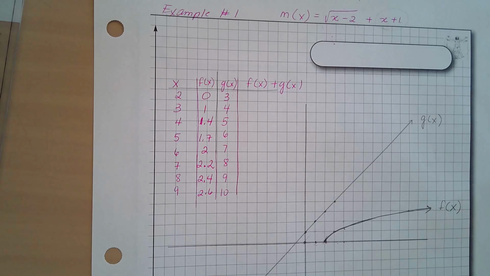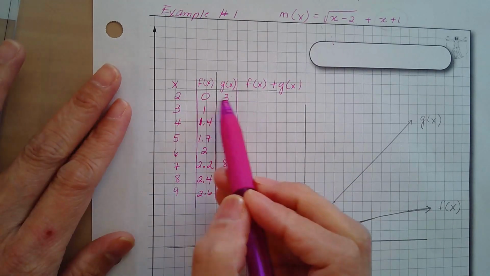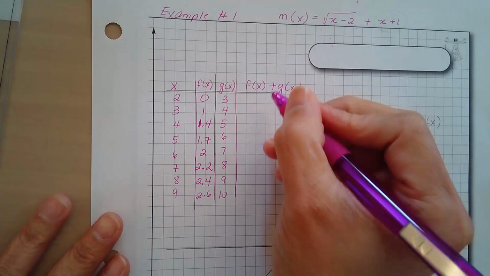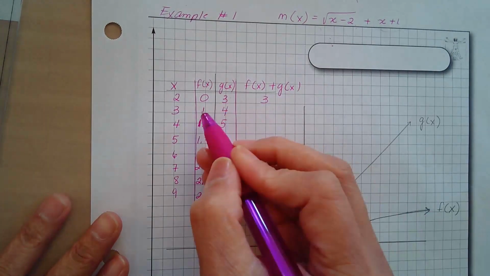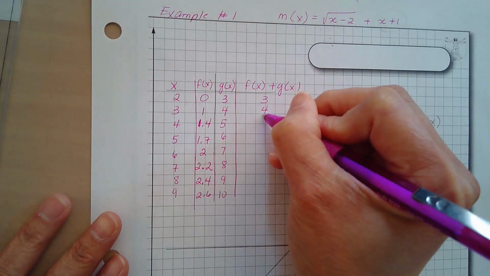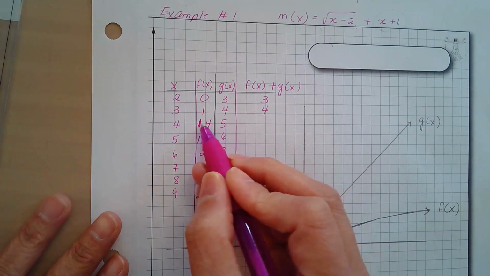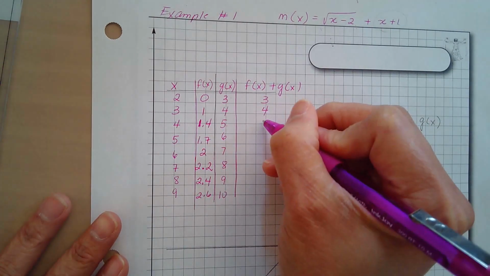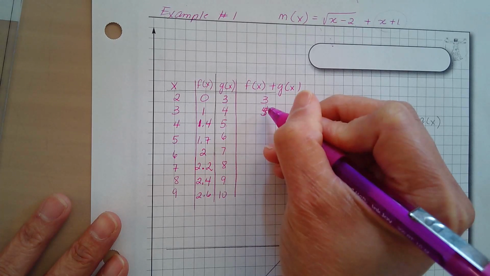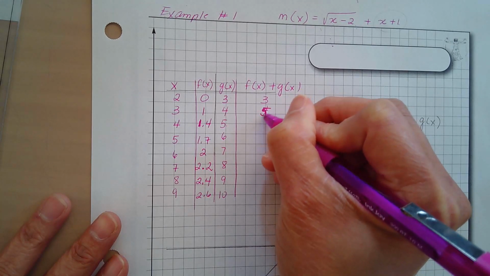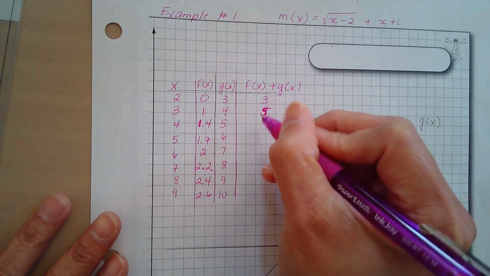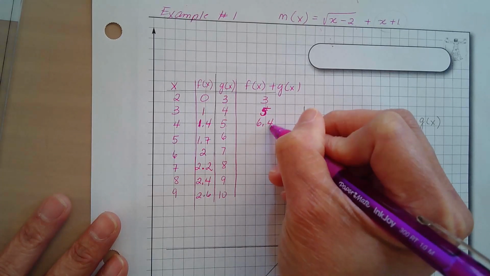Okay, now that we've figured that out, we can figure out the f of x plus g of x, which is basically 0 plus 3 is 3, 1 plus 4 is 4, 1.4, oh, 5. My goodness. This is going to be 6.4.